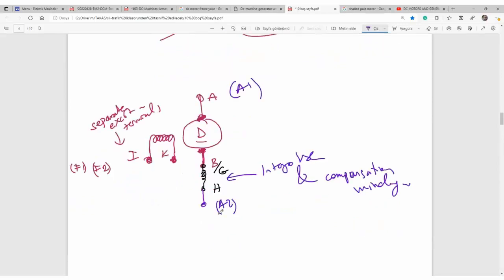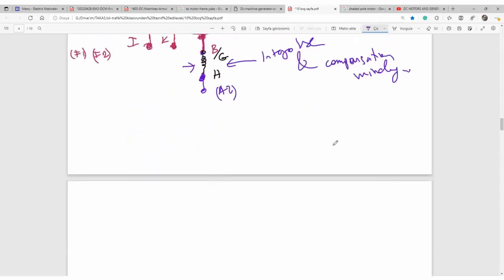In some laboratory machines, that winding will be separated to distinguish the effects done by this winding, so it is drawn here. But today, if someone says here is A1, A2, here is F1, F2, those are field windings.